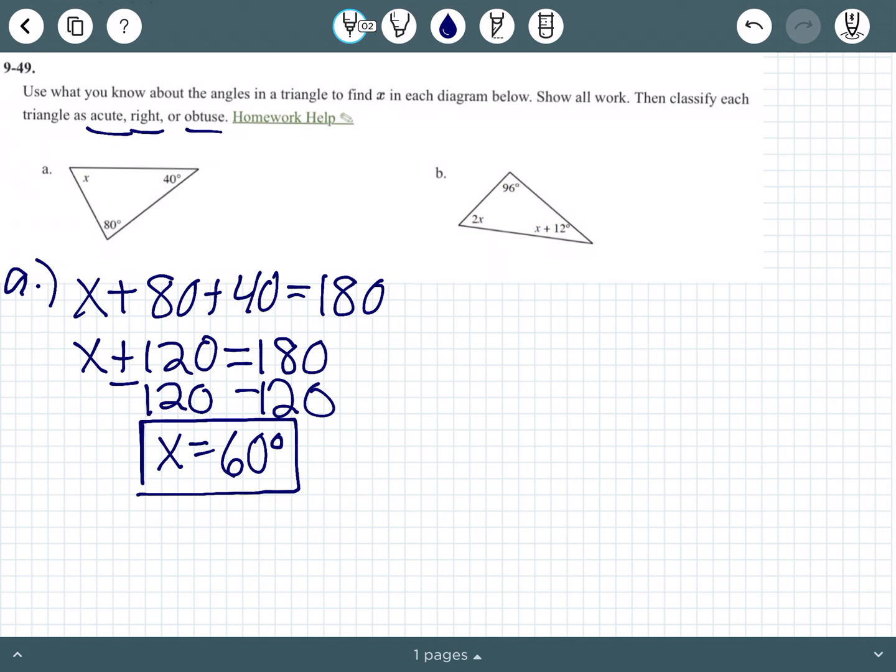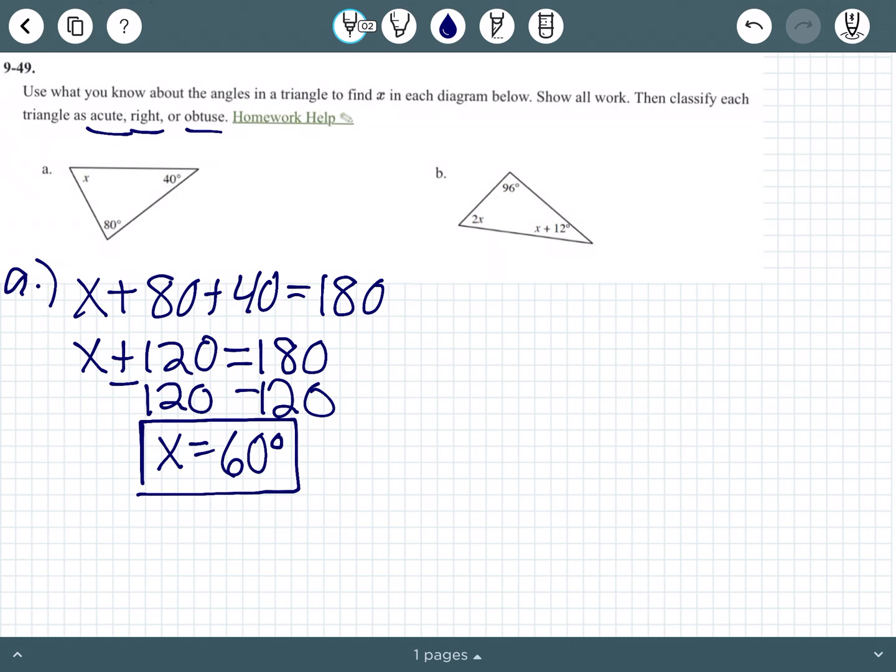Okay, and we actually had to classify the triangle as acute, right, or obtuse. So I can already rule out an obtuse angle. There are no angles that are greater than 90 degrees.